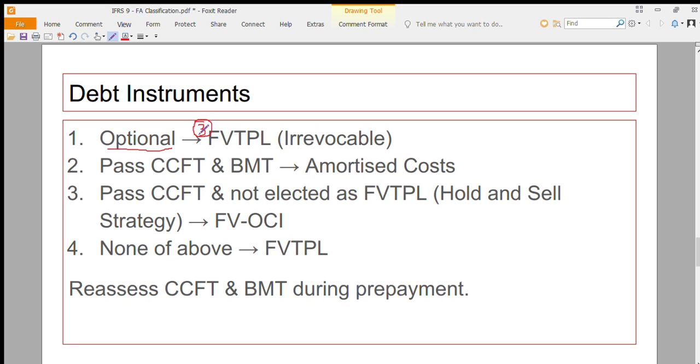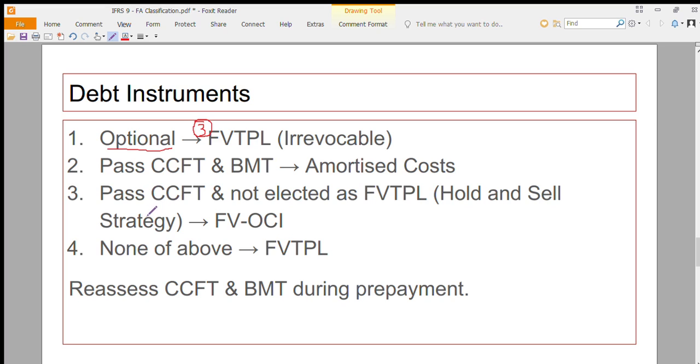That is, at the time of initial recognition you decide whether this debt instrument should fall under fair value through P&L, and if it falls under this category, then you do not have a choice to reclassify it into other categories. 2. If a debt instrument passes the two conditions, cash flow characteristics test and business model test, then it can be classified at amortized cost. 3.